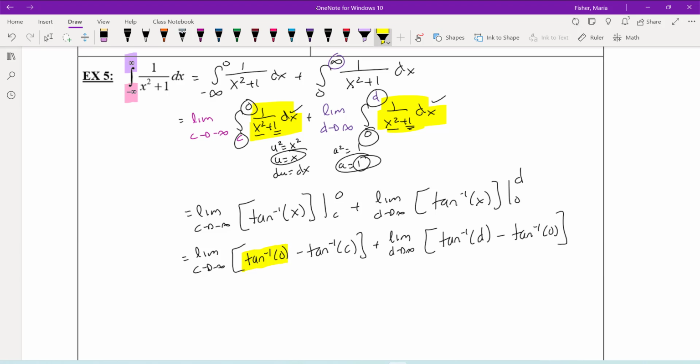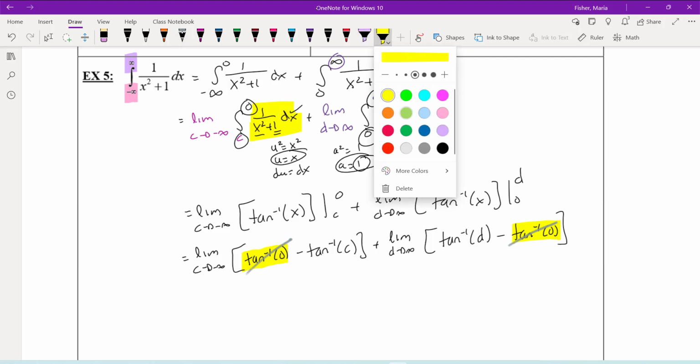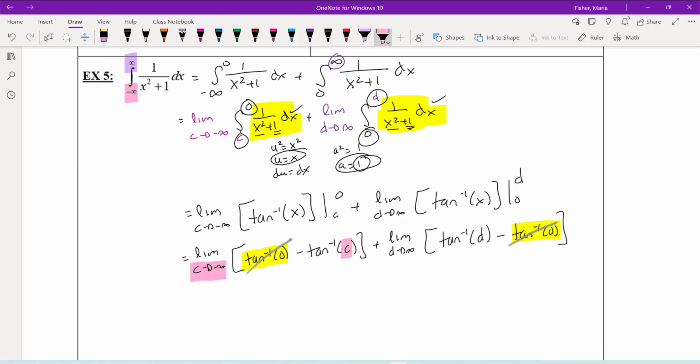What's the inverse tangent of 0? Well, the inverse tangent of 0 is just 0, so I don't have to worry about this term at all. Then I have to figure out what is the inverse tangent of c. When c is going towards negative infinity, what's the inverse tangent of negative infinity? Let's look at the graph. If you were to think of the graph of the inverse tangent, it looks similar to f of x equals x to the 1/3.